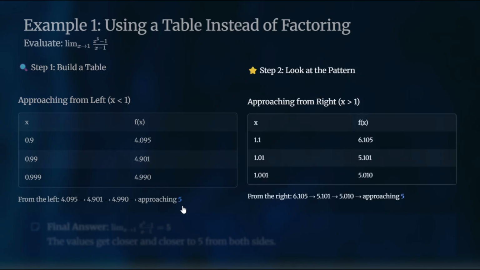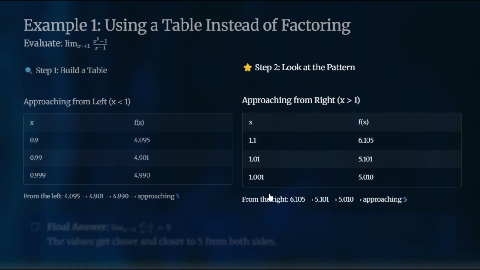If we do the same thing from the right, for values slightly greater than 1 but really close to 1, we can start when x equals 1.1. When x equals 1.1, the value of the function is 6.105. If we get closer to 1 from the right, at x equals 1.01, the function will be equal to 5.101.